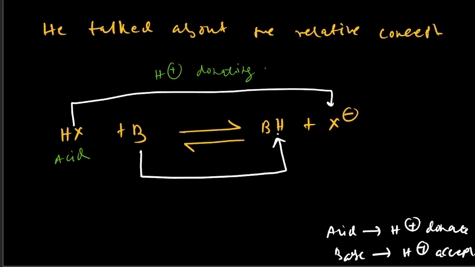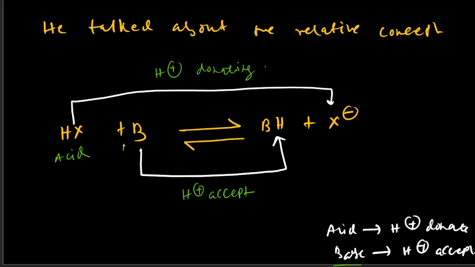And from B to BH, one H plus is accepting, so this is base.